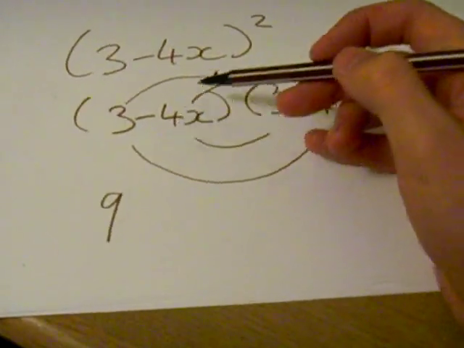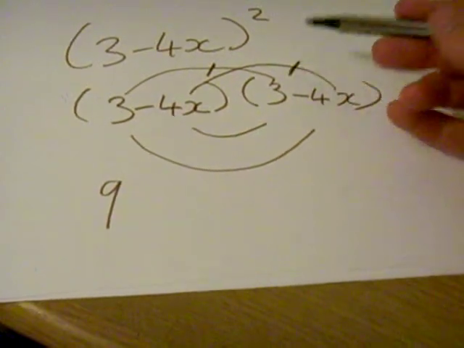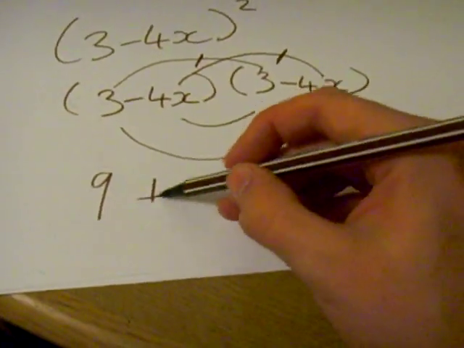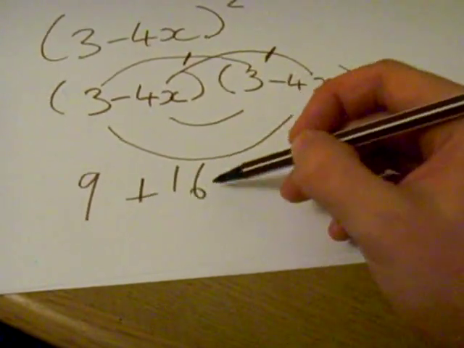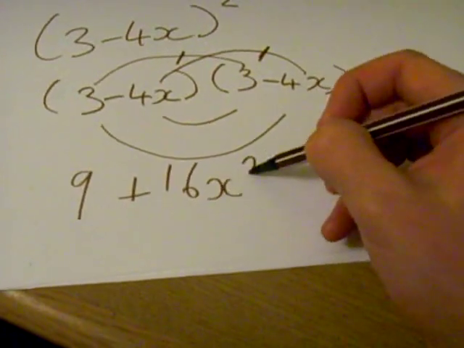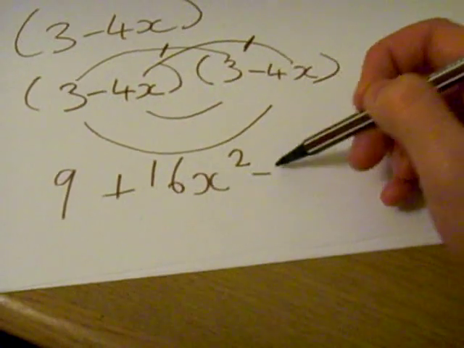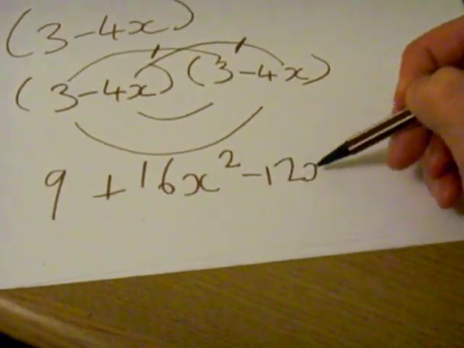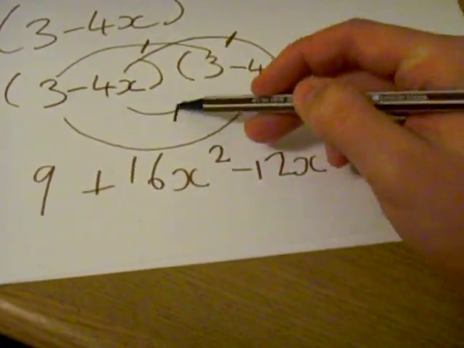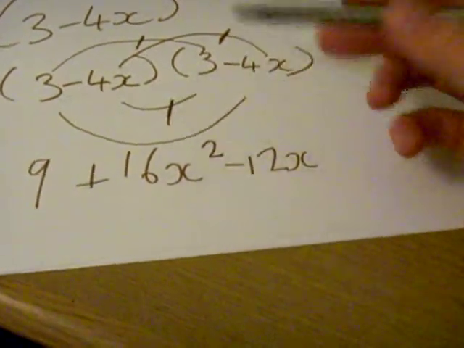We've got negative 4x times negative 4. Well, we know 2 negatives make a positive. Positive 16x squared, because we know that x times x is x squared. Negative 4x times 3, so we're going to take away 12x, which is this one. And then your final one is another negative 12x.